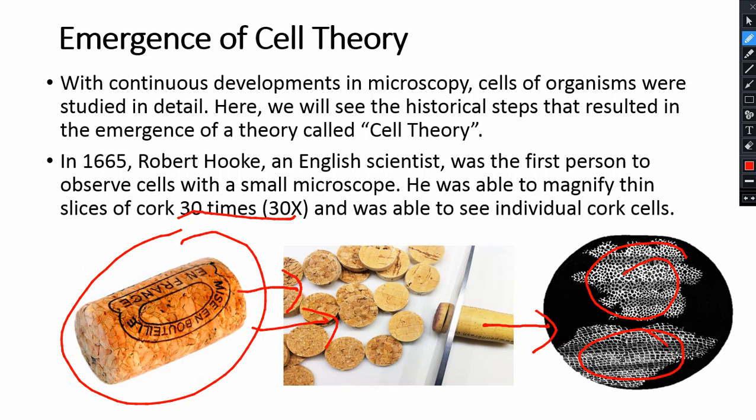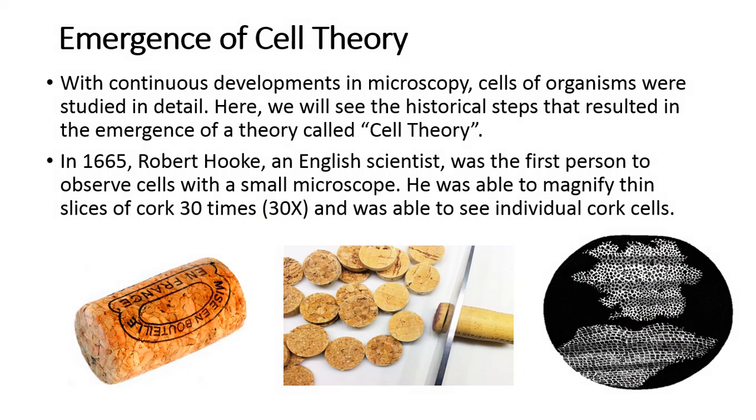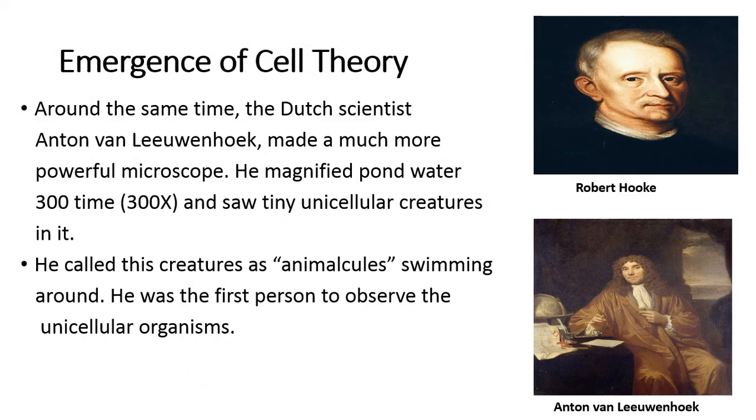Now, at that time, another scientist, Anton van Leeuwenhoek, made a much more powerful microscope. He magnified pond water 300 times and saw tiny unicellular creatures in it.